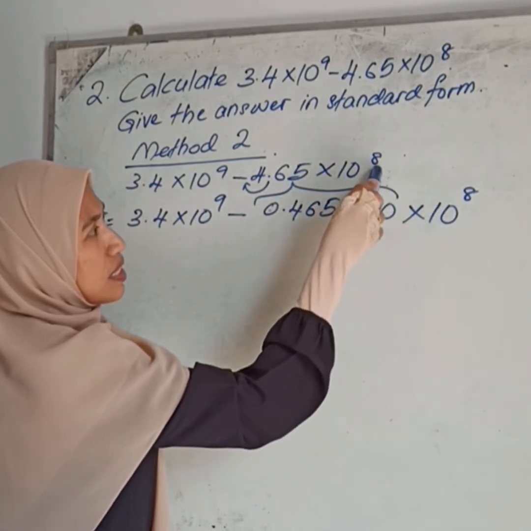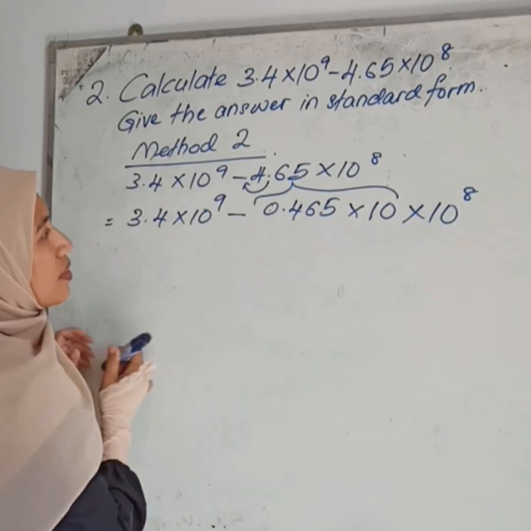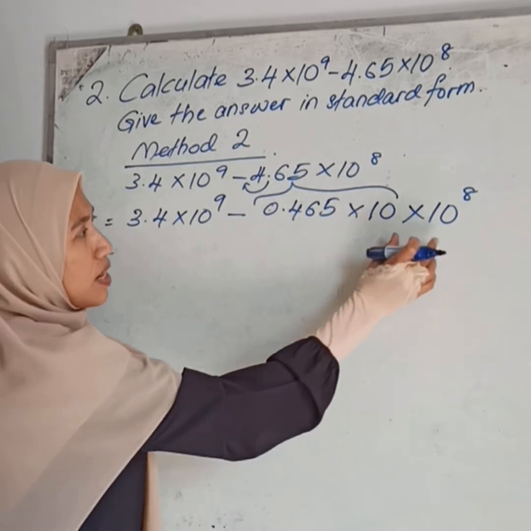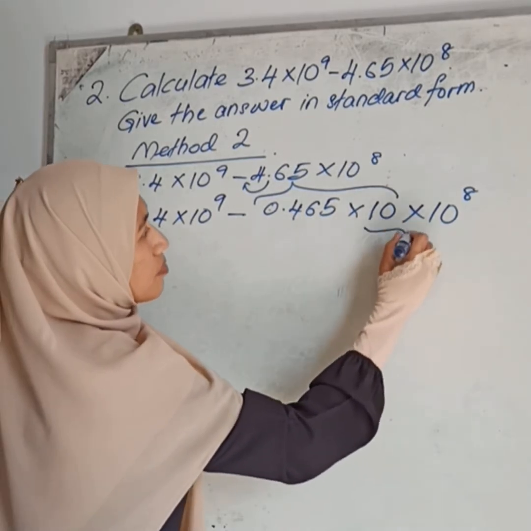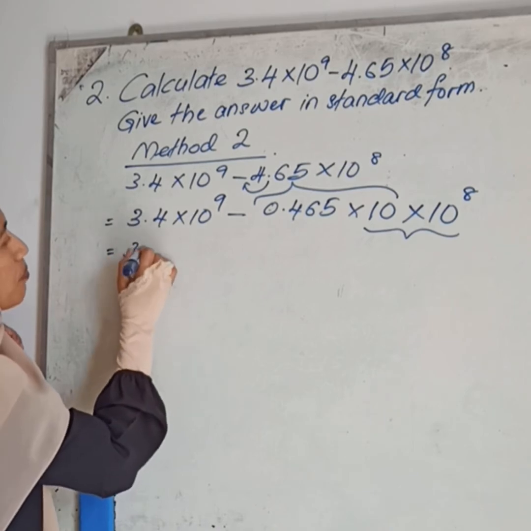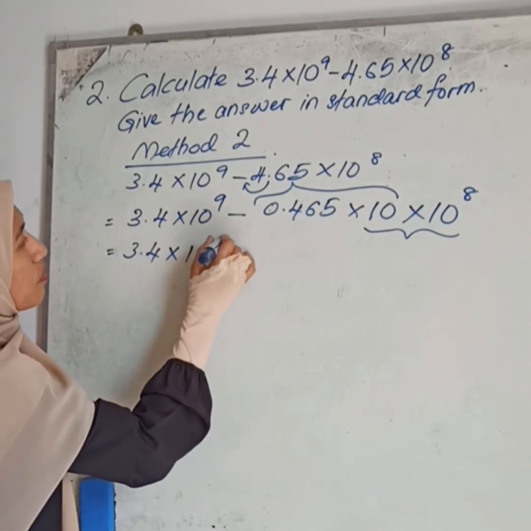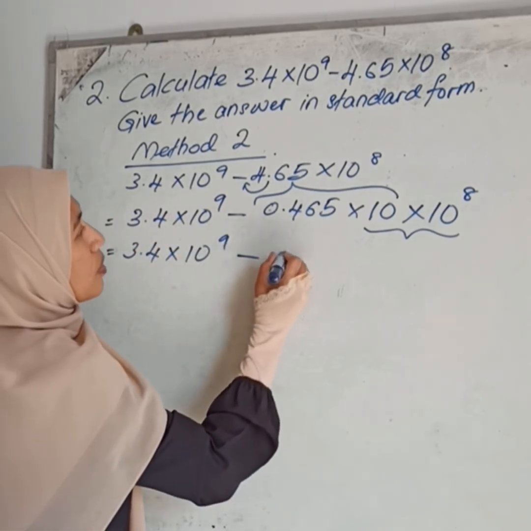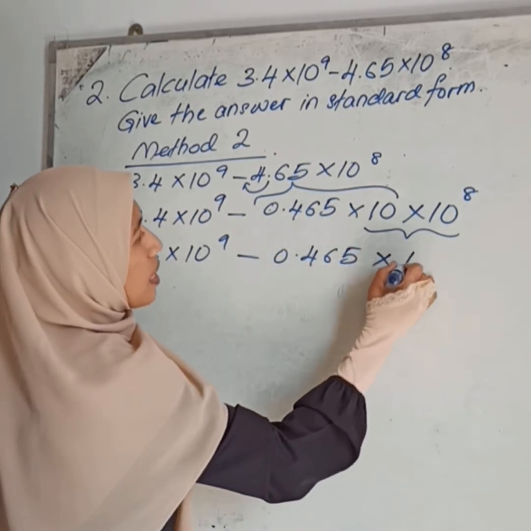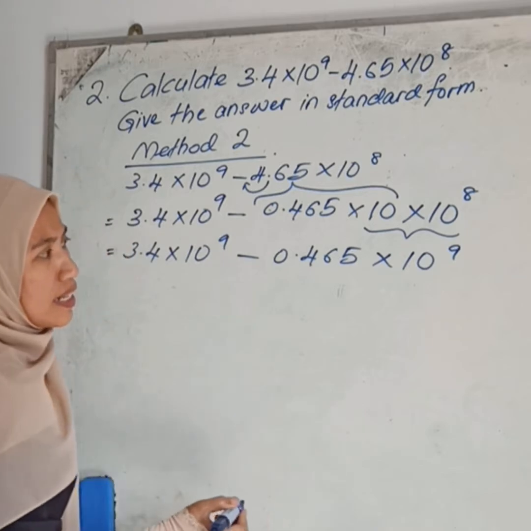This one just copy. Alright, so now we have 10 to the power of 9 as a common factor. So 3.4 times 10 to the power of 9 minus 0.465 times 10 to the power of 9.